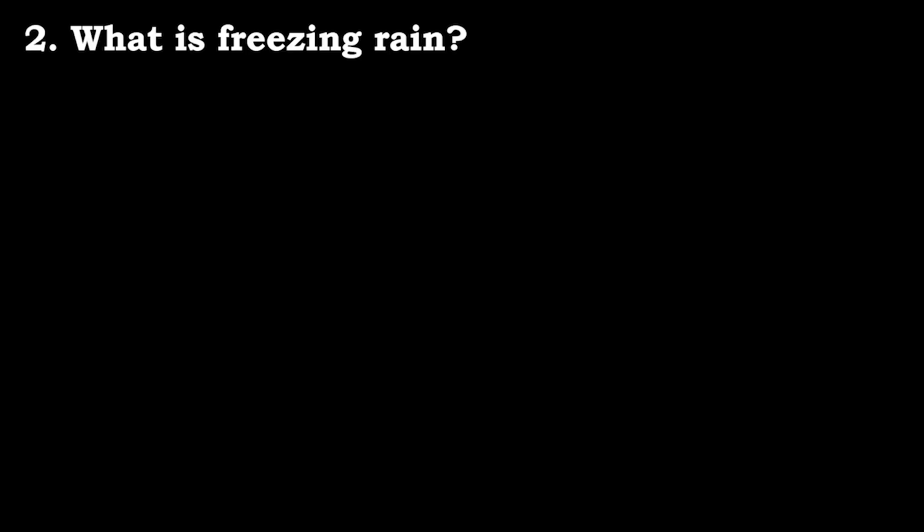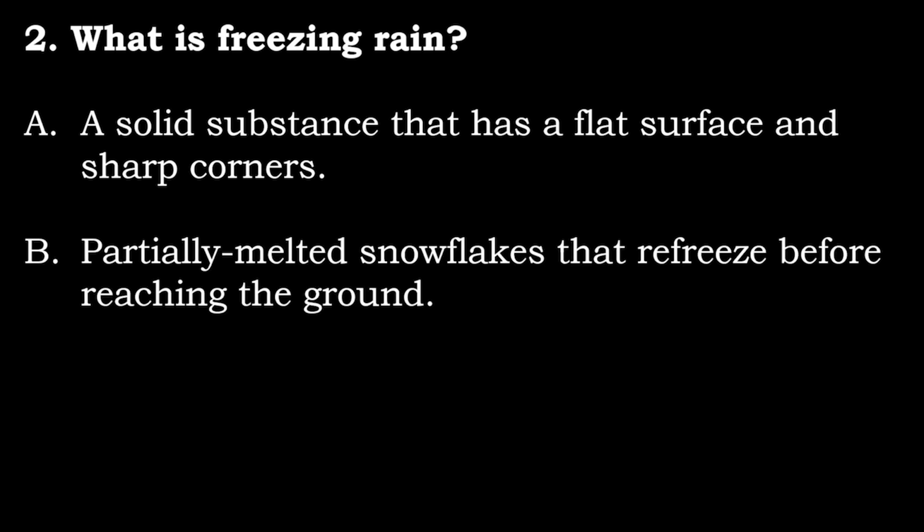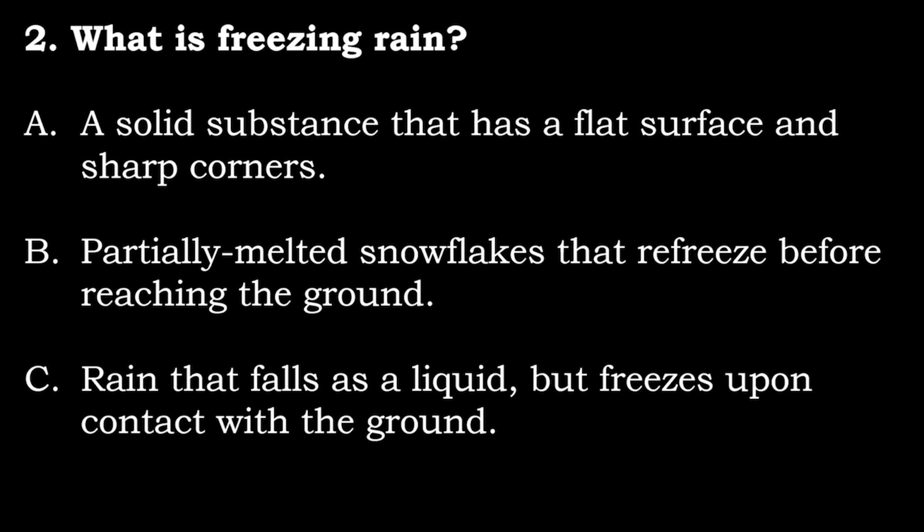Number two, what is freezing rain? A, a solid substance that has a flat surface and sharp corners. B, partially melted snowflakes that refreeze before reaching the ground. Or C, rain that falls as a liquid but freezes upon contact with the ground.